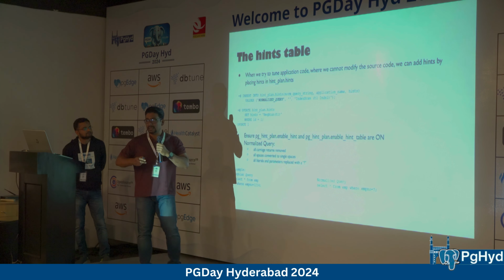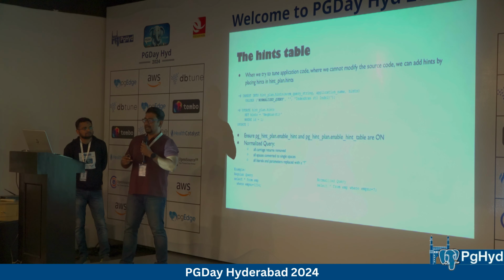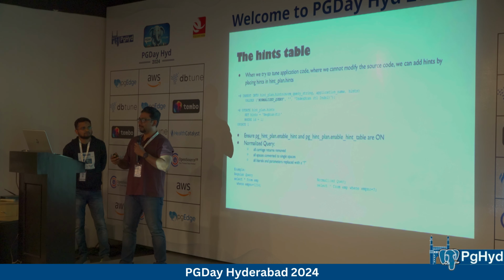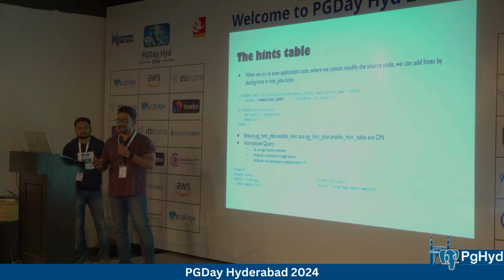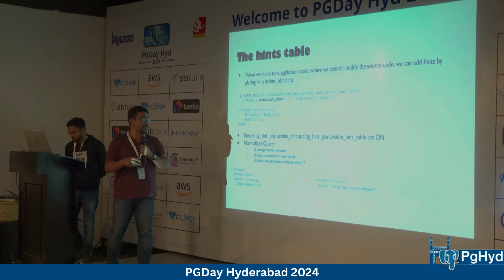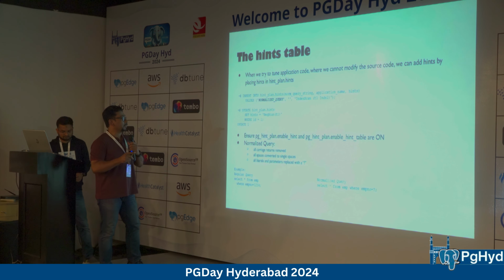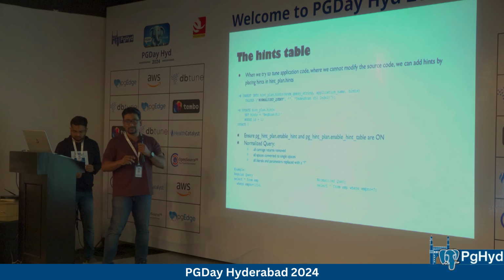In Oracle, we have something called outlines and SQL profiles, where we influence the optimizer to use hints without changing the code. It may be an application where you don't have access to the source code, and you still want to influence the optimizer to use those hints. For that, we have the hints table, which is part of the pg_hint_plan extension.